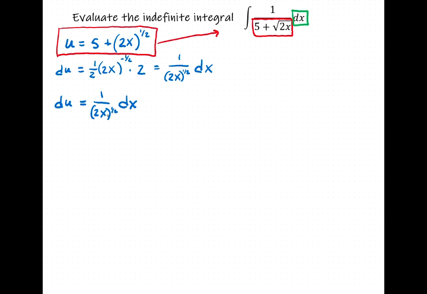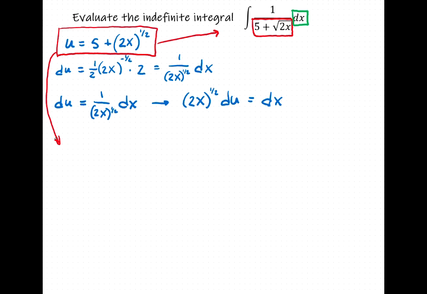If we multiply both sides here by 2x to the 1/2 power, then we'll get 2x to the 1/2 power times du is equal to dx. Well, we can't make this substitution because it's got an x and a u. So let's see if we could substitute in for this 2x to the 1/2. Well, we have an equation we could use up here.